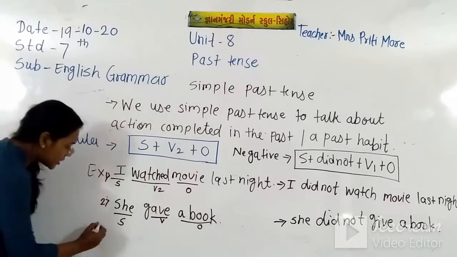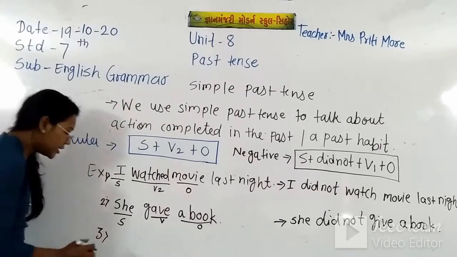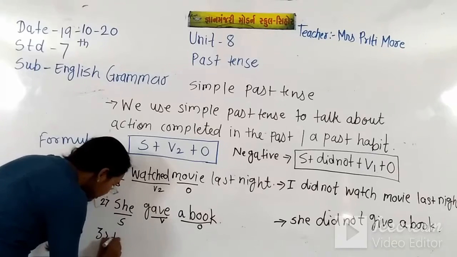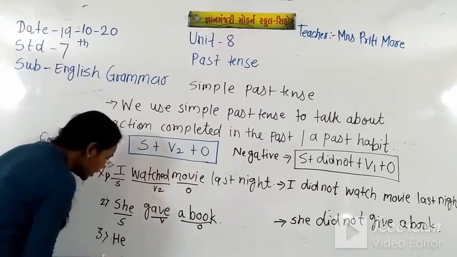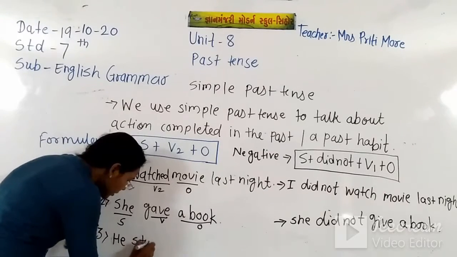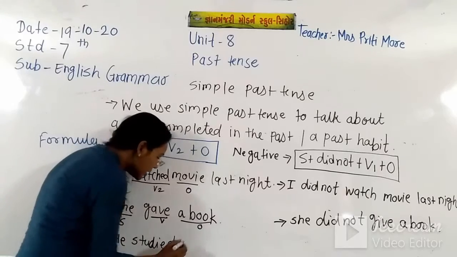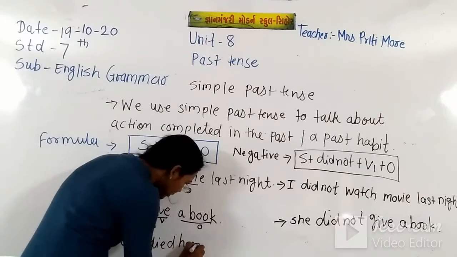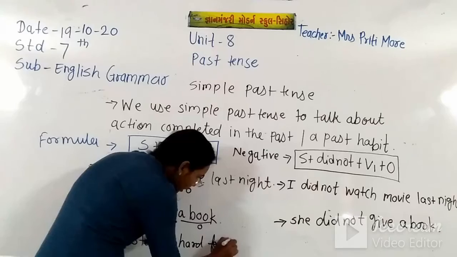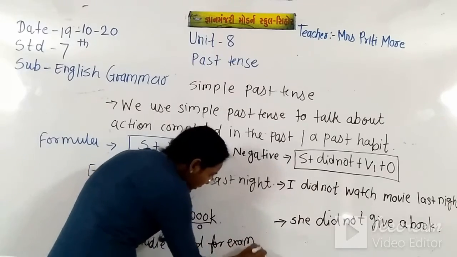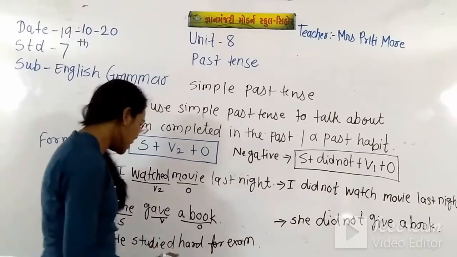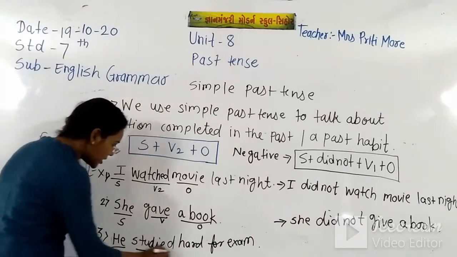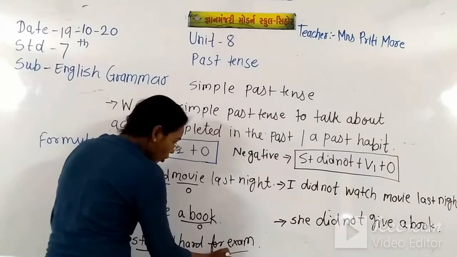Now the third example I write here. He studied hard for exam. उसने एग्ज़ाम के लिए हार्ड स्टडी की. सो दिस इज द सब्जेक्ट एंड दिस इज द V2 and these are the complement.